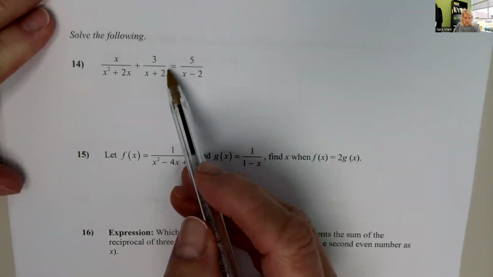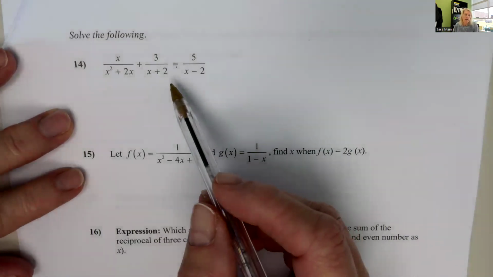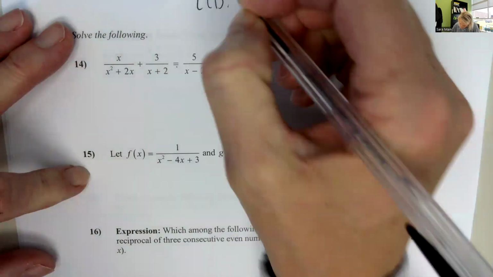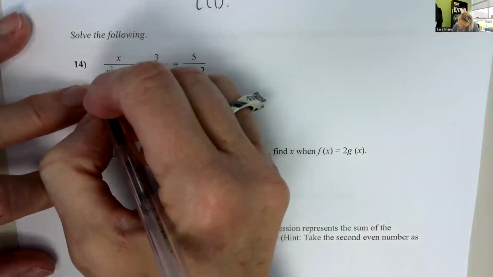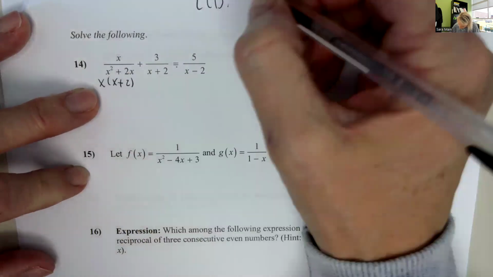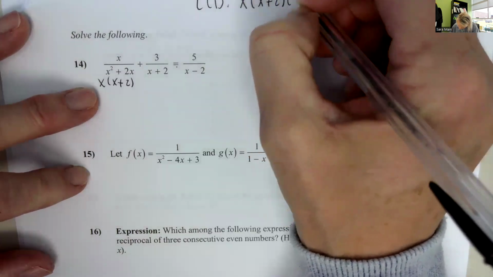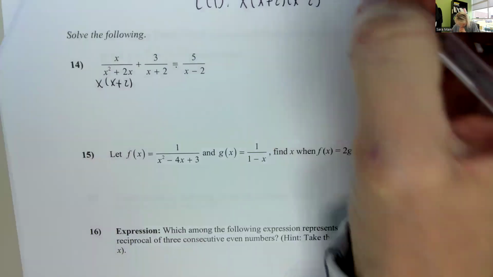Because we're solving an equation, we're going to multiply through by the LCD. So we have x plus 2, we have an x plus 2 and x minus 2. So it looks like our LCD is (x plus 2)(x minus 2).